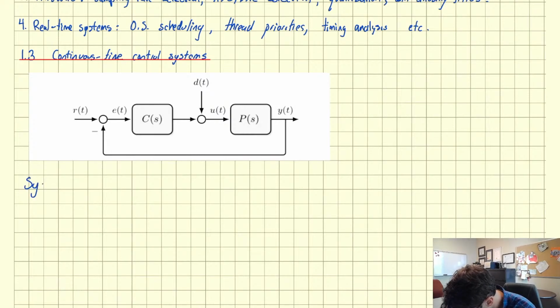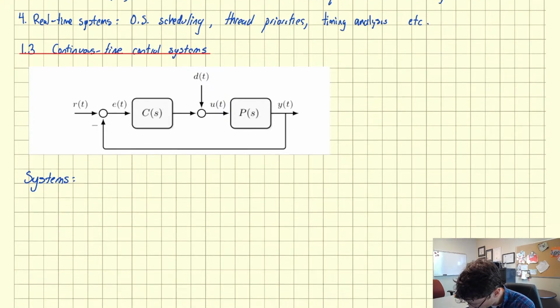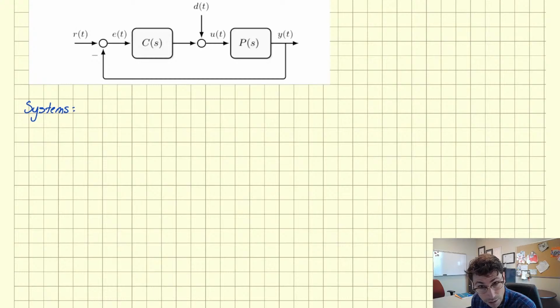So in this diagram, there are systems. In particular, there's the block with the P symbol, so P of S, which is typically what's called the plant. Right? So that's the system you're trying to control. That's the fixed part.